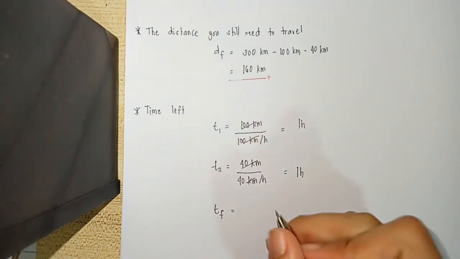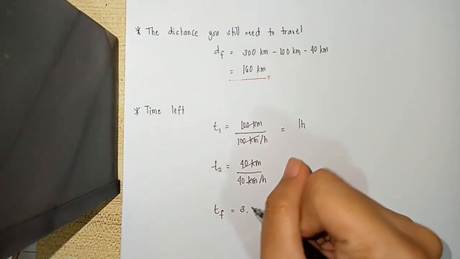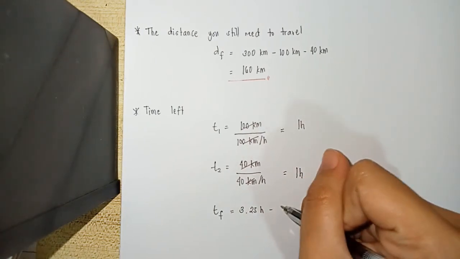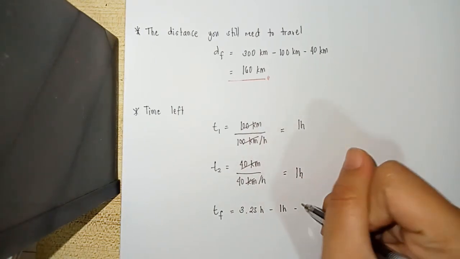So, the final time is equal to the total time minus the time already spent. What is our total time? That will be 3.25. From 8 to 11:15, that will be 8, 9, 10, 11. So, that is 3 hours and 15 minutes.